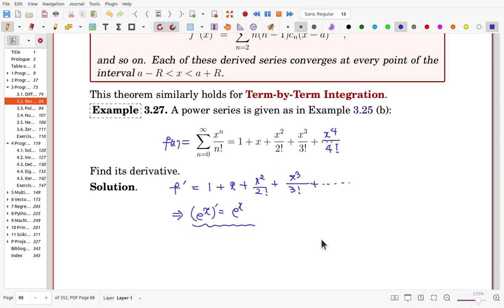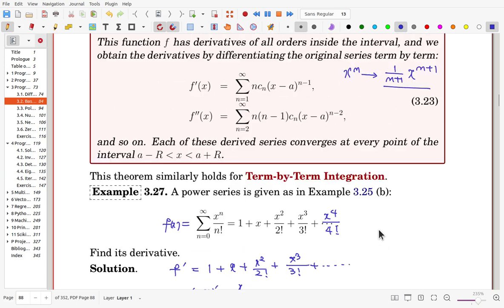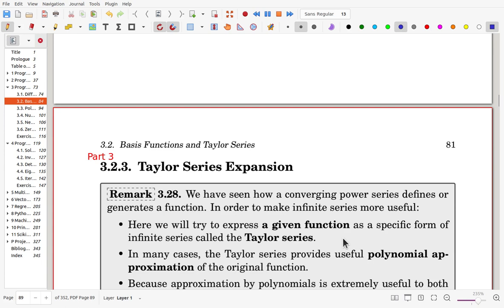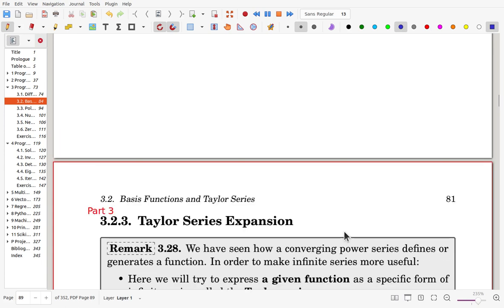For some applications, rather than using the infinite series, we cut the infinite series to become a finite summation, which will now be a polynomial. By using the polynomial, we can do some other tasks.